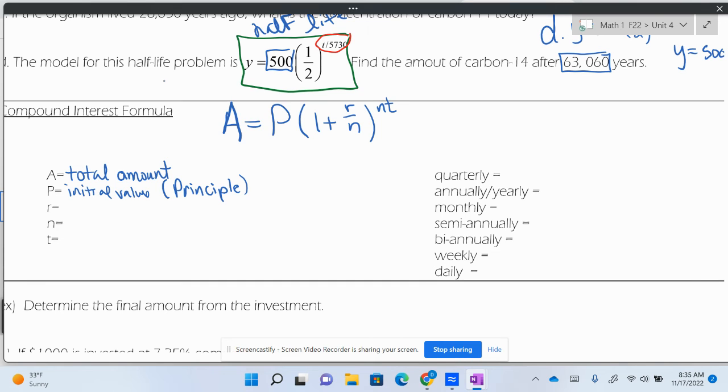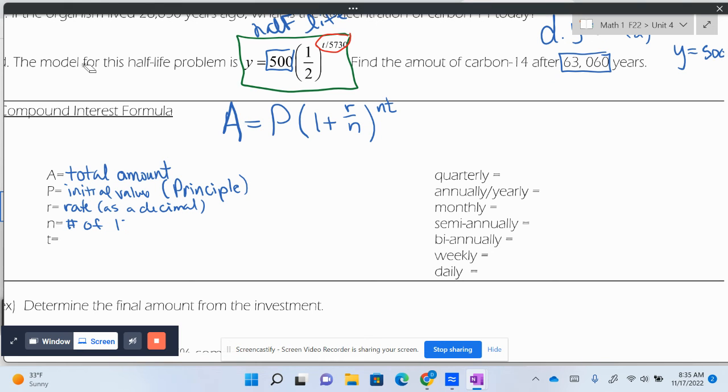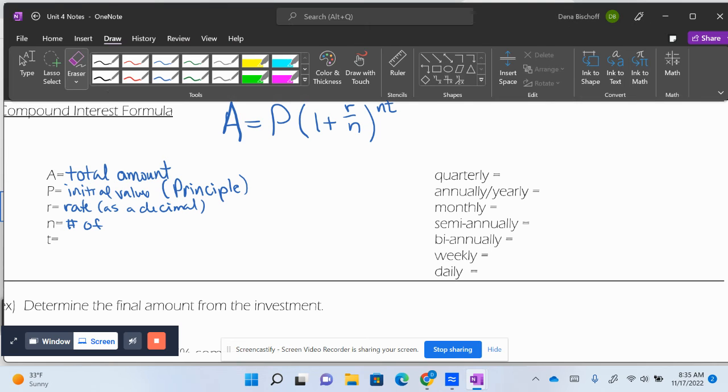Remember that R stands for your rate, and we want to write it as a decimal. N is the number of compounding periods.